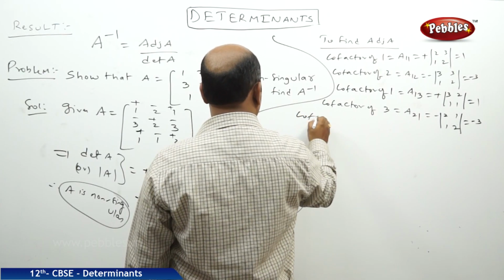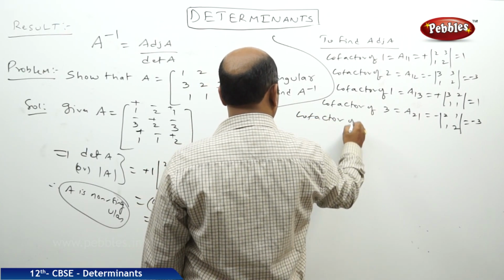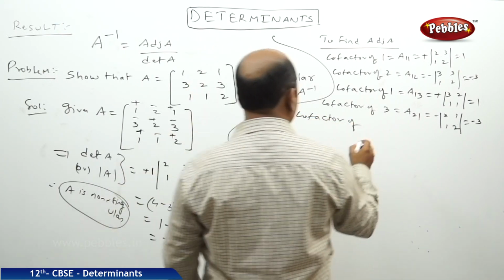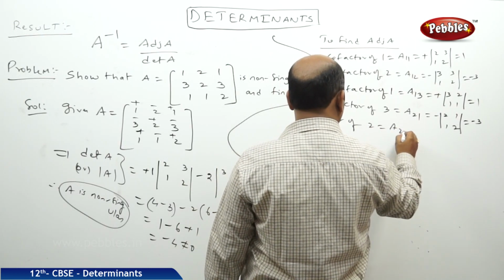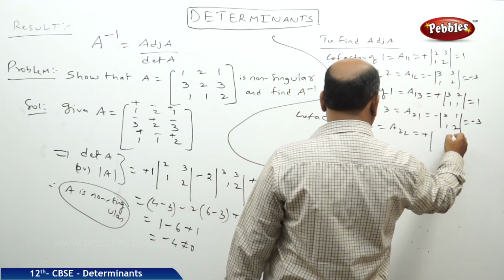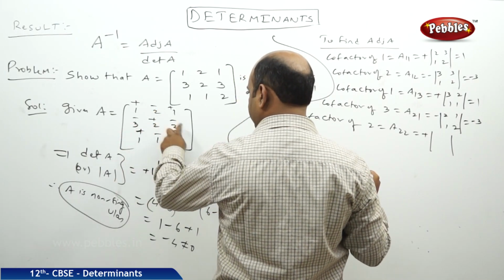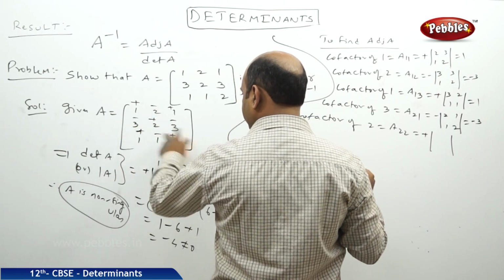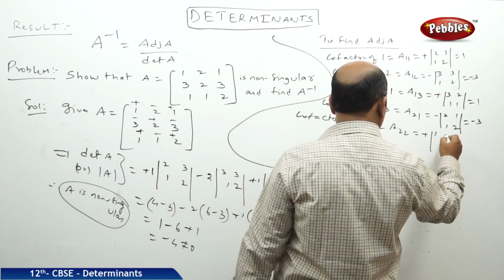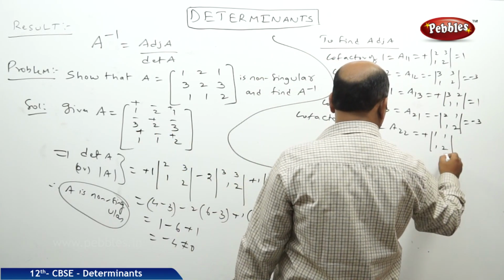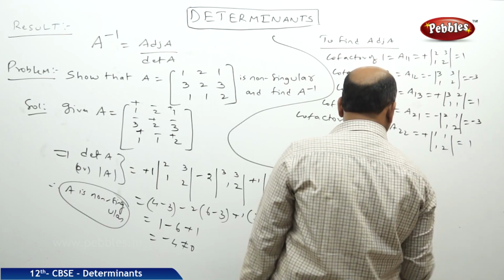Next, cofactor of 2. That means it will be A22 and it will be plus into its minor. So 1 1 1 2, so 2 minus 1, 2 minus 1 is 1.